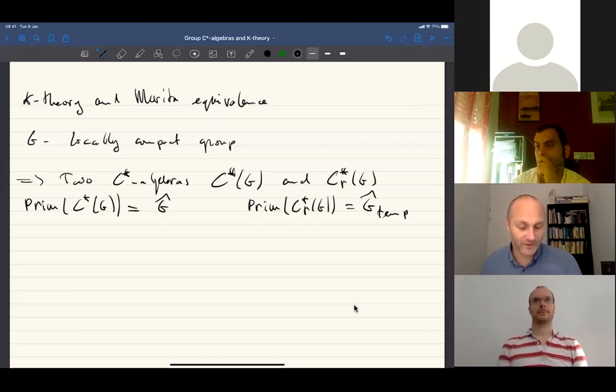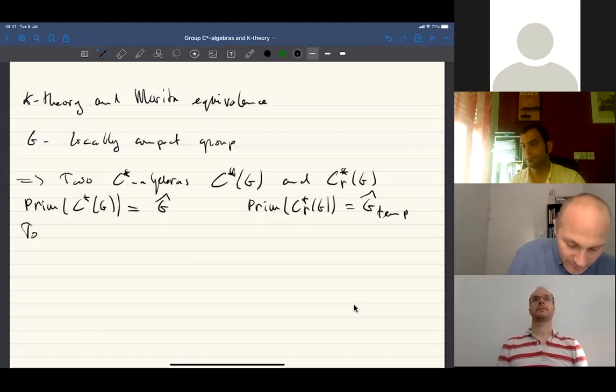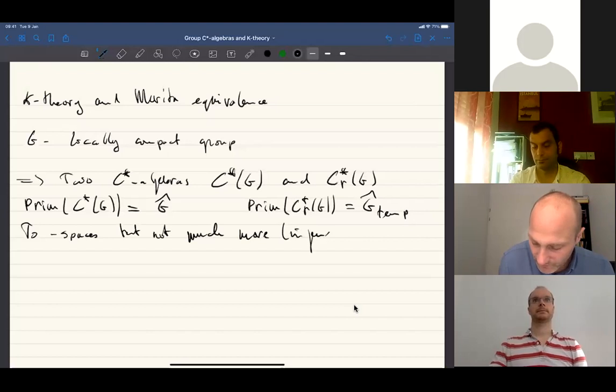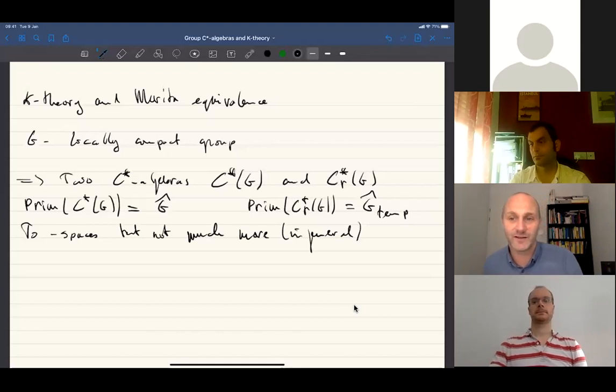They are T0 spaces, but not much more in general. So trying to study these spaces using algebraic topology is not going to yield very much a priori.